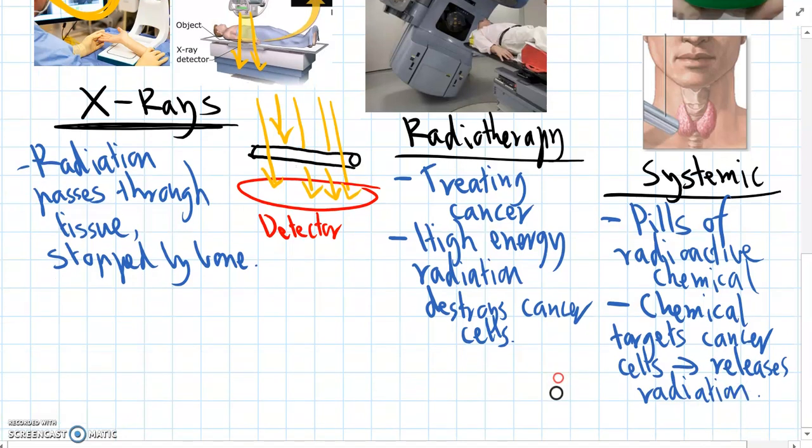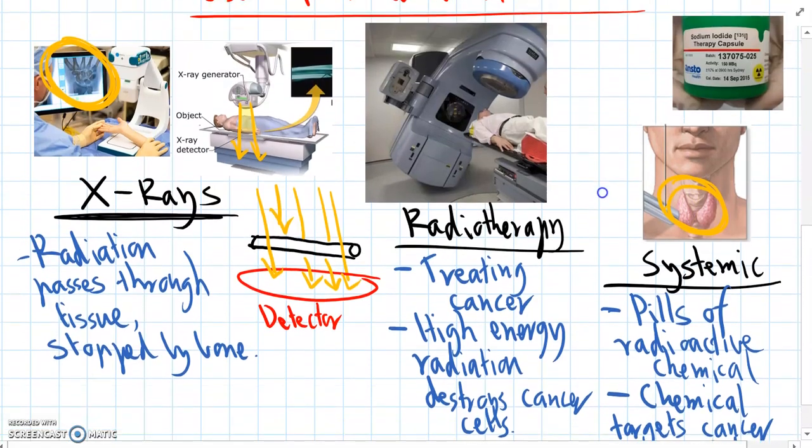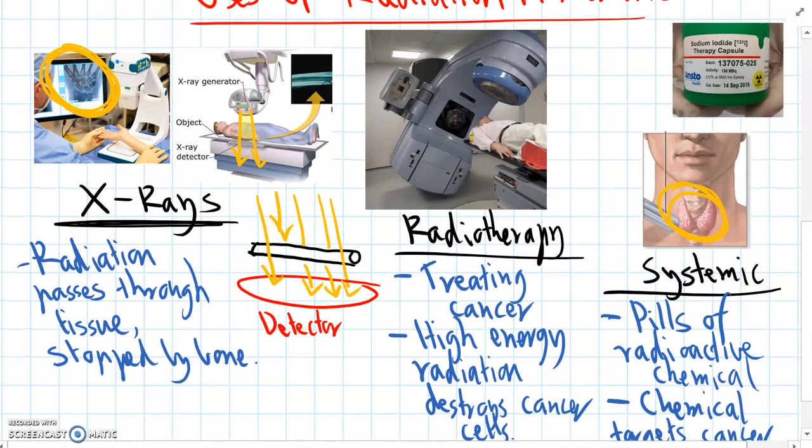And we actually have to design special antibodies to make sure that the chemical goes to the right place. There is one common treatment for thyroid cancer, and this is a little bit easier because the thyroid naturally absorbs iodine as part of its normal job.